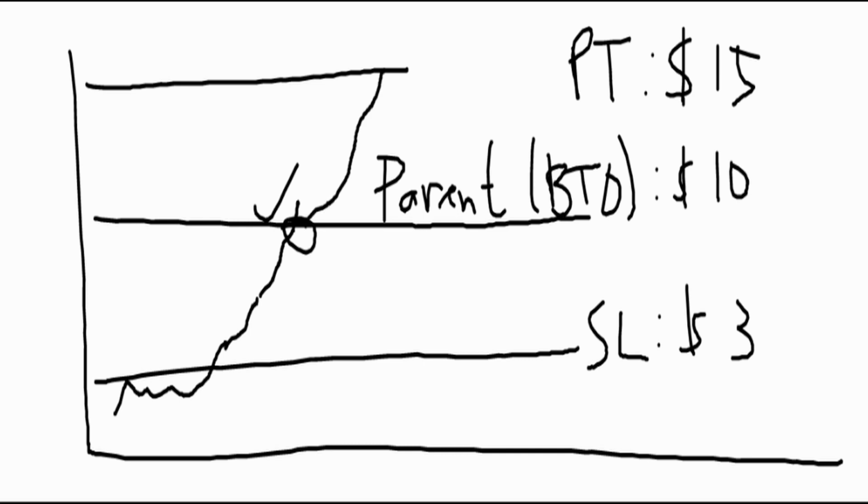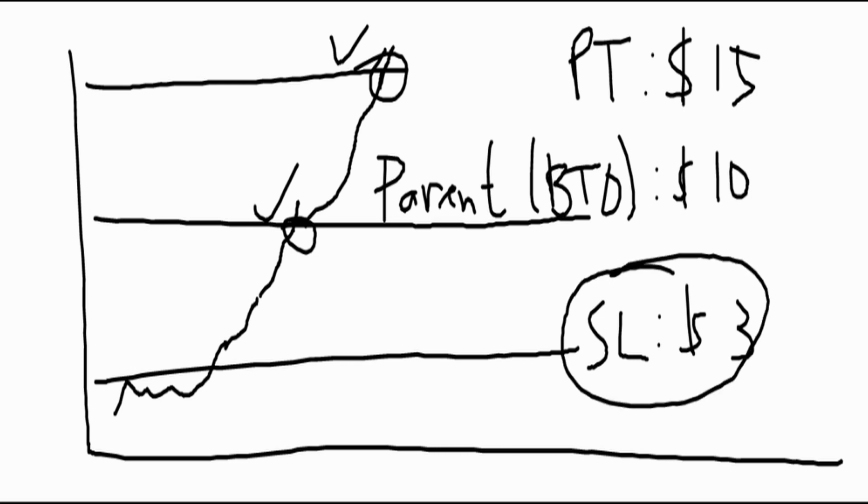Then, if the price keeps going up and reaches $15, your PT or profit taker order will be triggered and you'll sell the stock for a profit of $5, which is $15 minus $10. At this point, your stop loss order will be automatically cancelled because of the OCO feature.